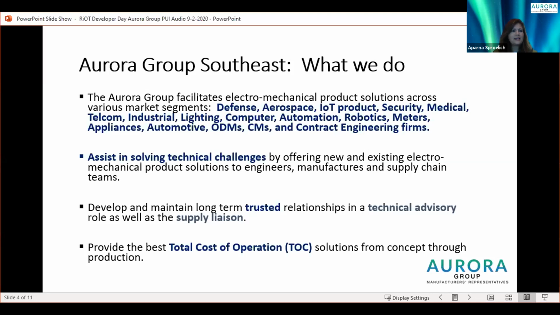We develop and maintain long-term trusted partnerships in the technical advisory role, as well as supply liaison. We really strive to provide the total cost of ownership solution, from the very early concepts through production.